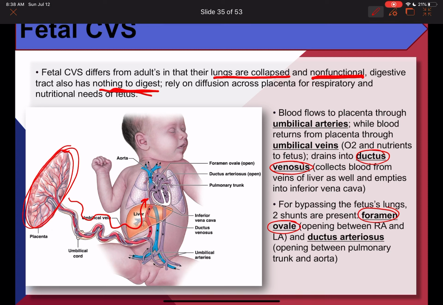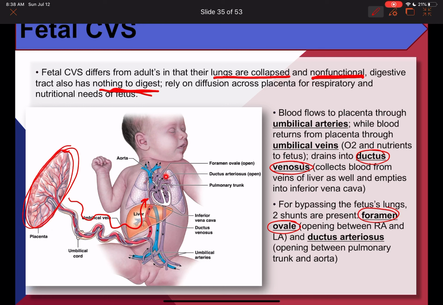A second extra structure that exists for fetuses is an opening that sits at your pulmonary trunk. This is your pulmonary trunk, and there's an opening right here that lets you go straight through to the aorta.